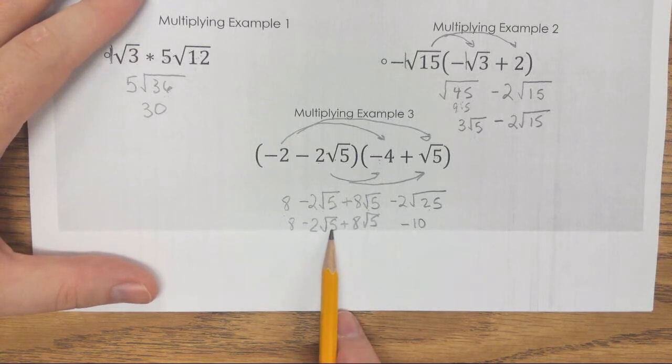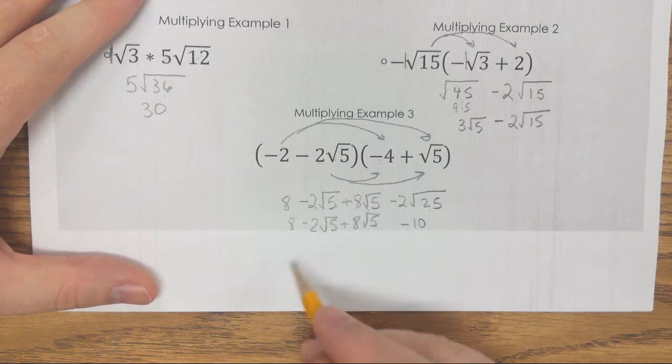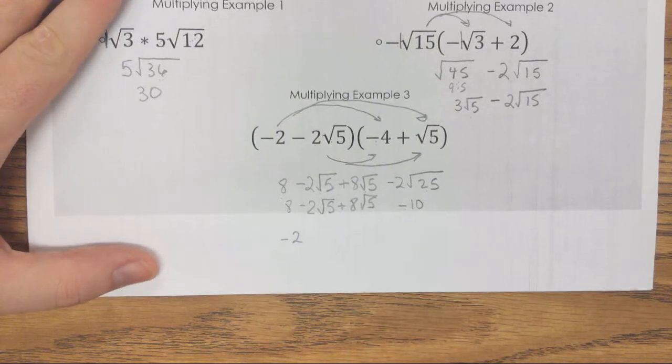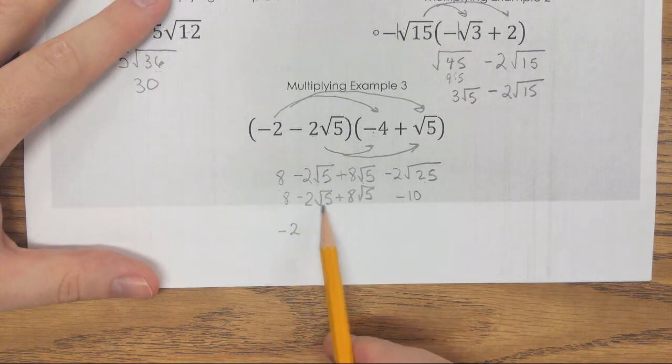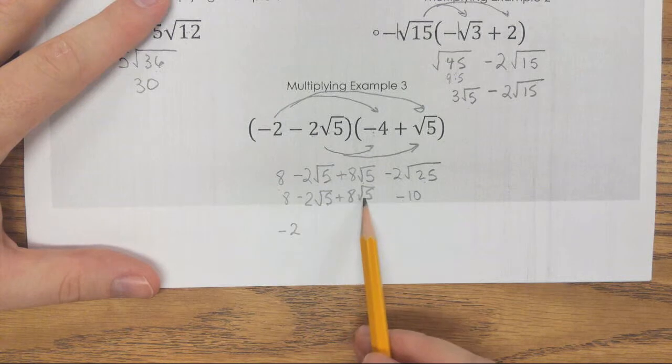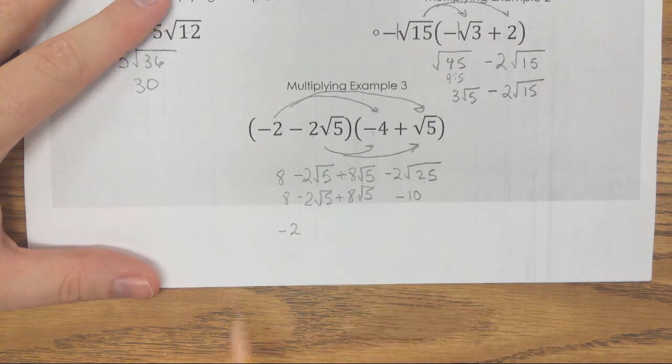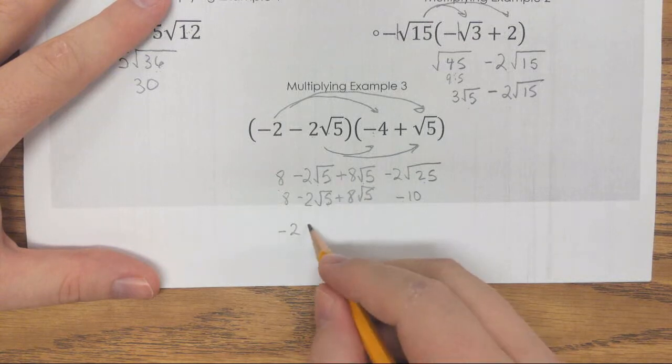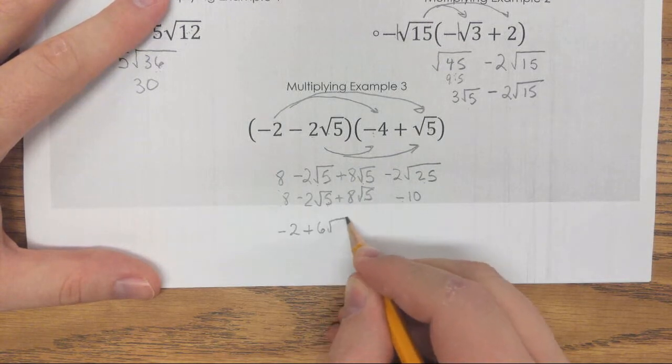Combine like terms together. 8 and negative 10 is negative 2. Negative 2 with the radical 5 and an 8 with the radical 5. These both have radical 5, so I can combine them together. Negative 2 and 8 is plus 6 radical 5.